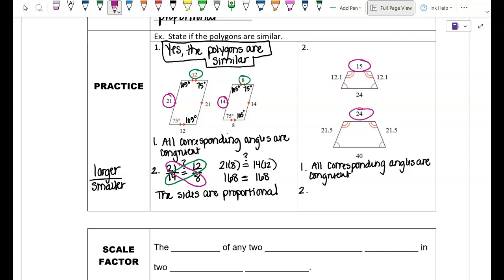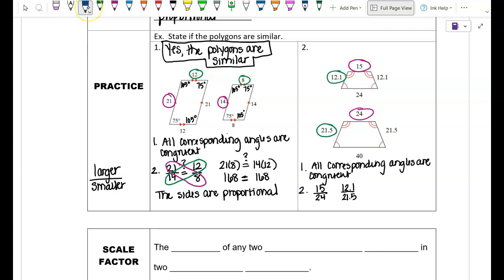The 24, they're in the same position, so we would say they are corresponding. So one of my ratios is going to be 15 over 24. What does 12.1 match up with? The 21.5, so that's going to be another ratio, 12.1 over 21.5.